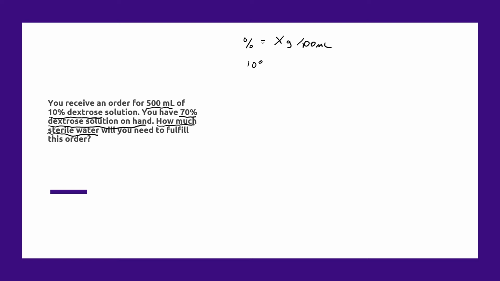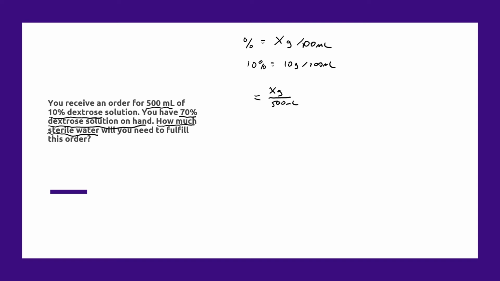So if we have a 10% dextrose solution, this means we're going to have 10 grams of dextrose per 100 milliliters. And with this information, we can figure out how much dextrose we need per 500 milliliters, as in this order. So we can say, if we're going to have a 10% dextrose solution, how many grams, so X grams of dextrose are we going to have per 500 mLs?